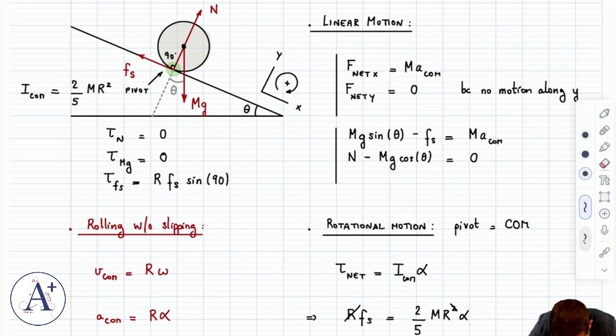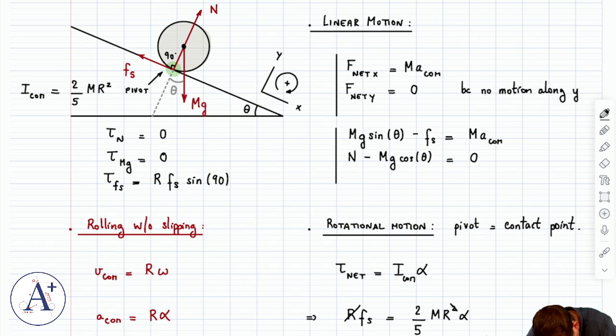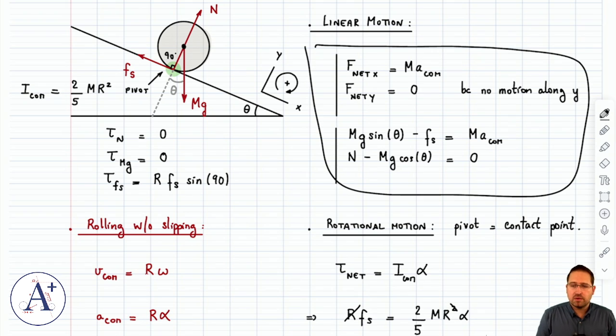Okay, so the pivot is no longer the center of mass, so this changes. It's going to be the contact point. Okay, so that's different. What else changes? Okay, well, linear motion never cared about pivots. We never talked about pivots before we did the torque chapter. So none of this changes.